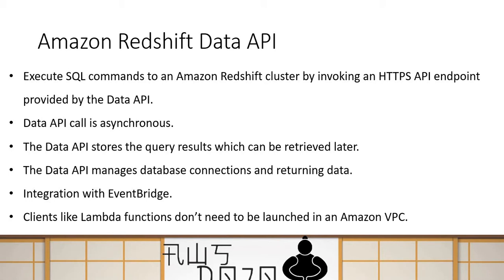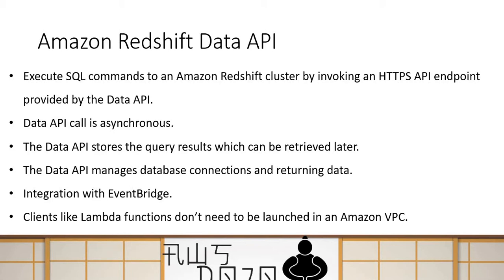When the query execution changes status, those events are published to EventBridge. Through that notification, you can know the status of the query. And when you see that your query is finished and your results are ready, then you can go back and say, hey, give me the result back.